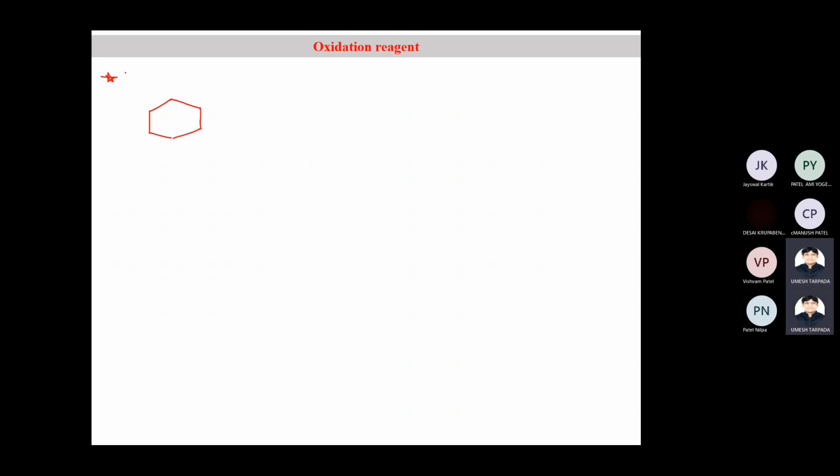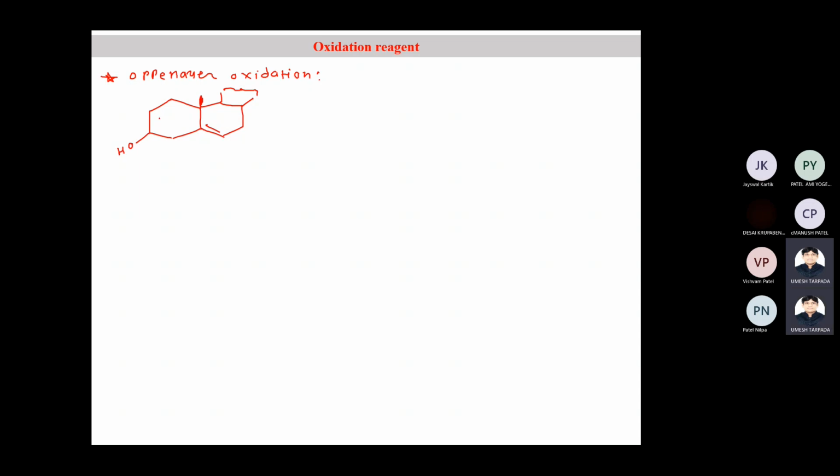Open your oxidation, last one. Oppenauer oxidation is a very important reaction in the case of steroidal compounds or natural products. Take any moiety XYZ, we take only this much. Suppose here a double bond is there and here OH is there.